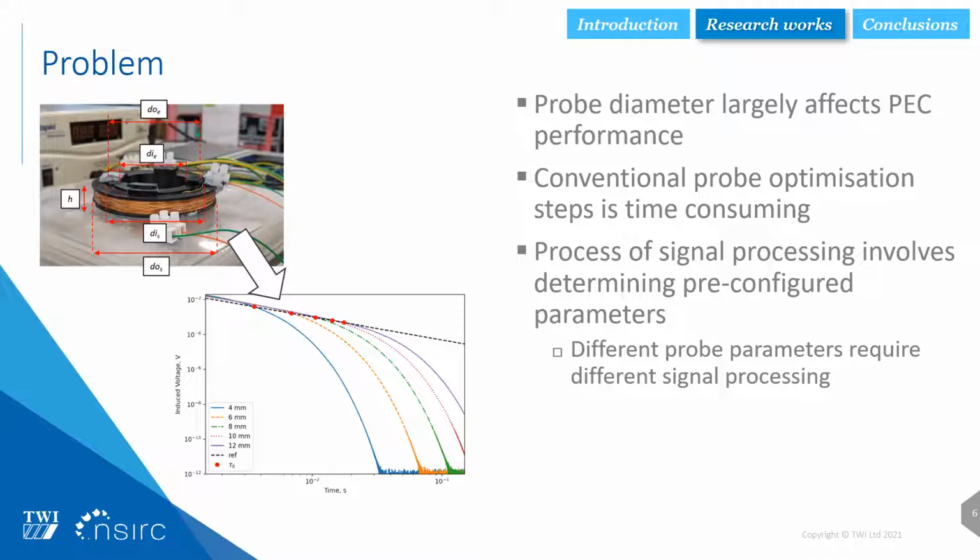So whenever we change a probe diameter or probe parameter, we have to change the signal processing again. And this makes it very time consuming, and less likely to be automated.